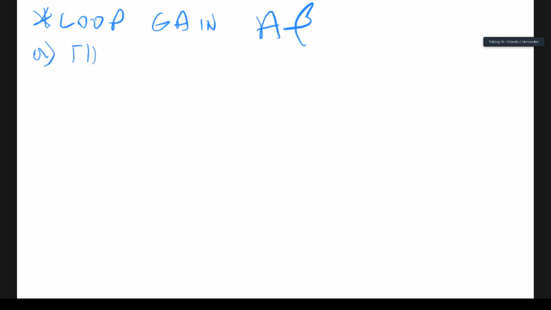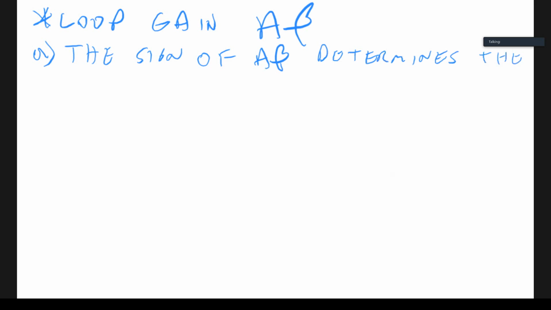The sign of the loop gain determines the polarity of the feedback.